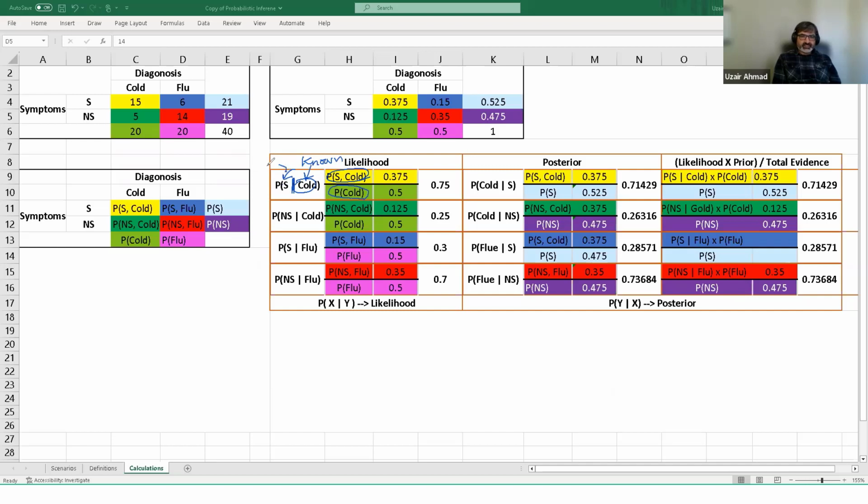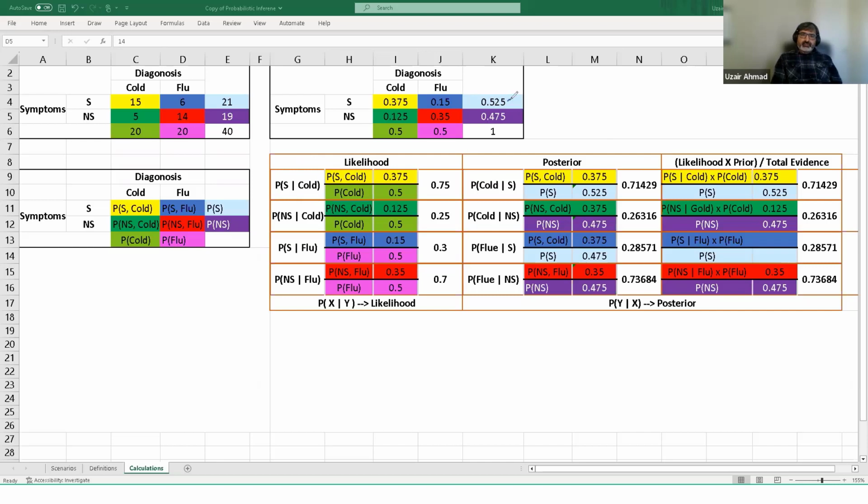What we are asking, what is unknown, is how likely is that some person is sneezing, given that we know the person has cold. Now, this probability is called conditional probability. Probability of sneezing conditioned on cold.